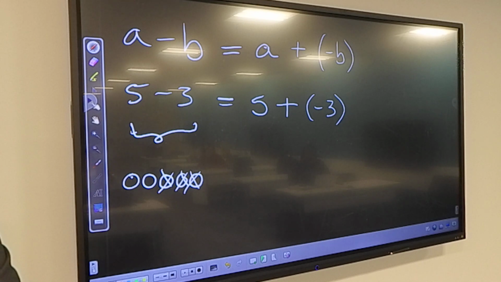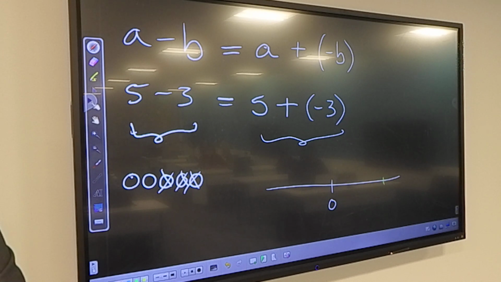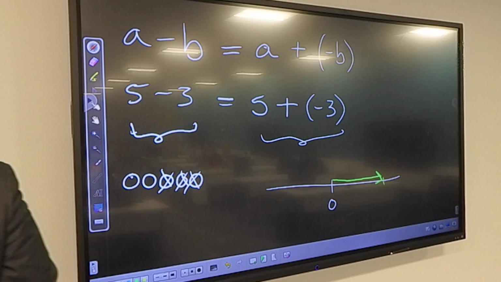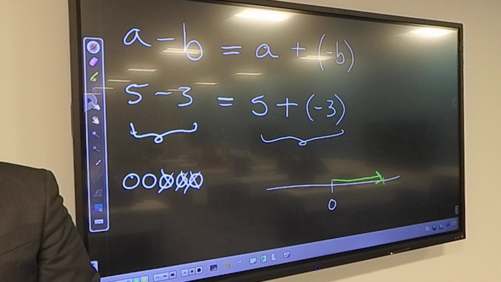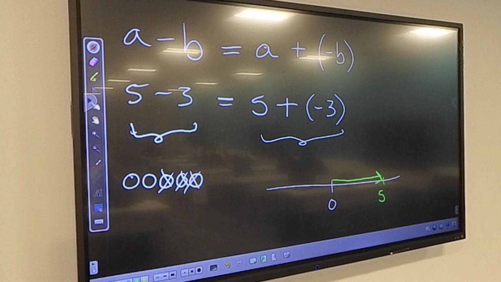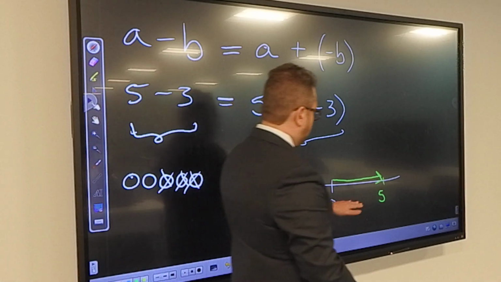But a more correct perspective is what you have over here, where I have my number line and let's have the convention that the number 5 is just an arrow that points to a particular point on the number line, and that place it points to has the name 5.